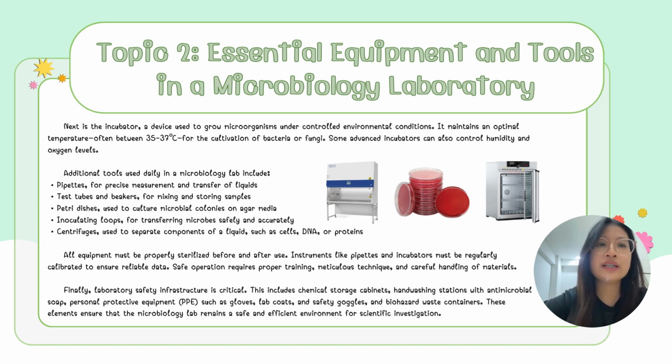Additional tools used daily in microbiology labs include pipettes for precise measurement and transfer of liquid, test tubes and beakers for mixing and storing samples, petri dishes used to culture microbial colonies and agar media, inoculating loops for transferring microbes safely and accurately, and centrifuges used to separate components of a liquid such as cells, DNA, or protein.